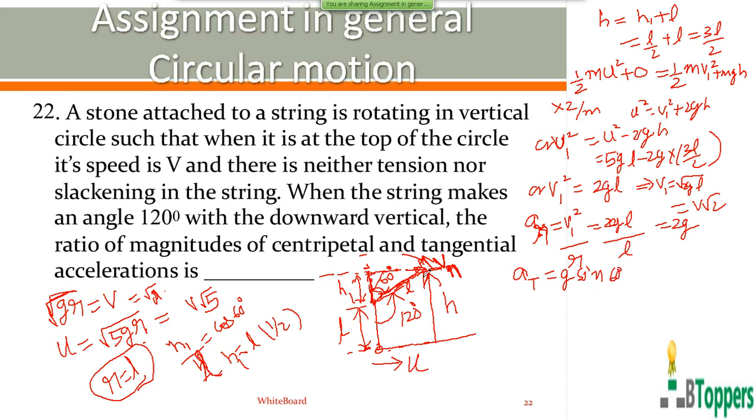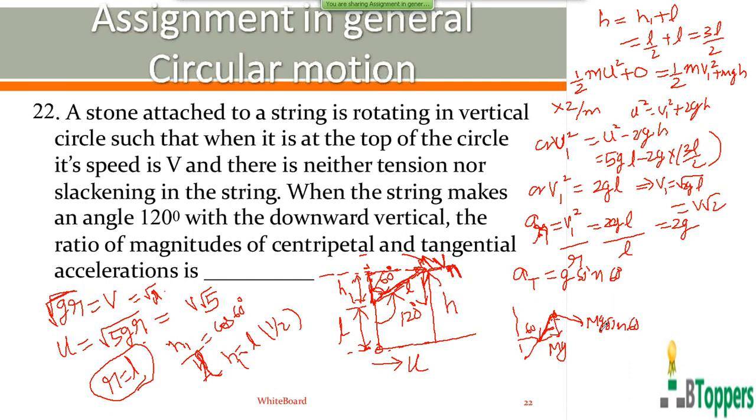That means you can resolve the weight mg into components at this position, as shown in the figure. The tangential component of the weight mg will be mg sine 60 degrees. The radial component of the weight mg will be mg cos 60 degrees.